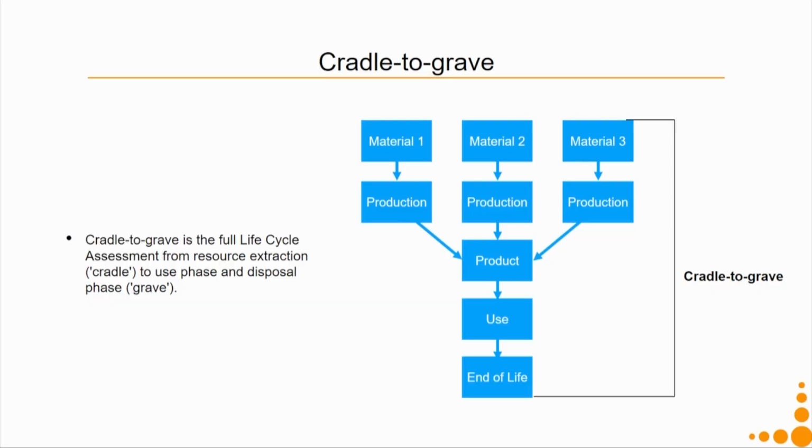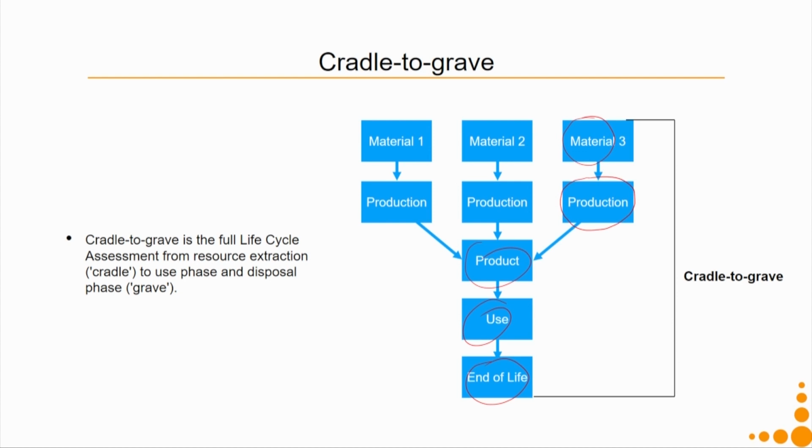So, the first system definition is cradle to grave, where it is a full life cycle assessment from resource extraction, the material, then production, the product, the use to the end of life. So, a cradle to grave is a complete life cycle assessment of any particular product.